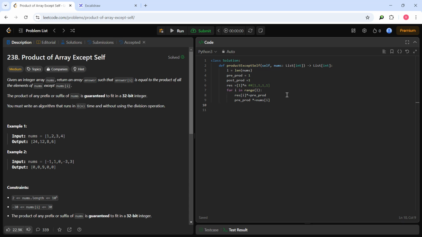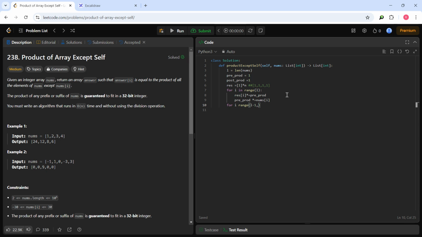So we have to go through the list once more, but this time we'll do it in reverse. For looping through it in reverse, we'll have to start from the second last, L minus 1. L minus 1, because our indexes start from 0, but length starts from 1, so we have to subtract 1.